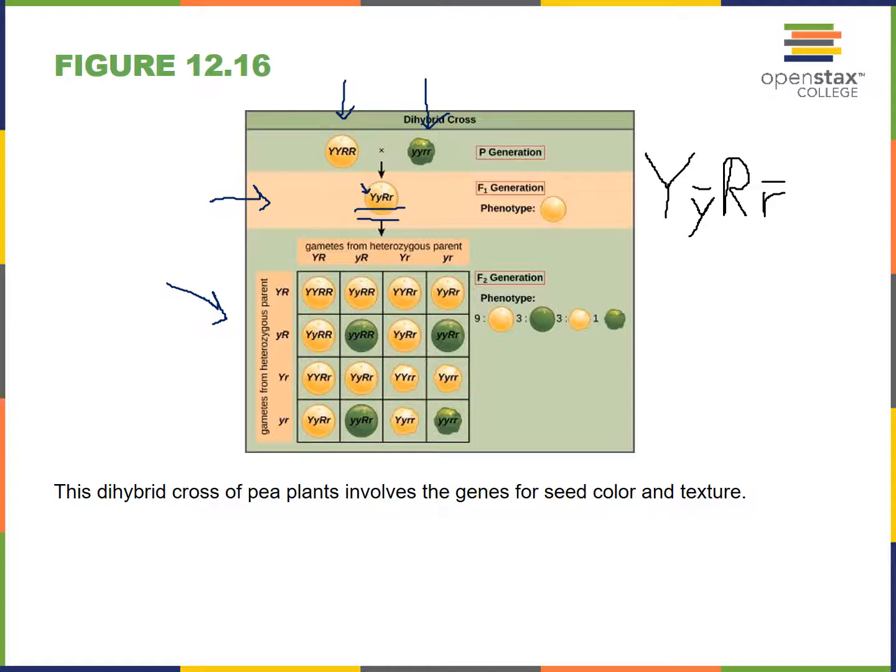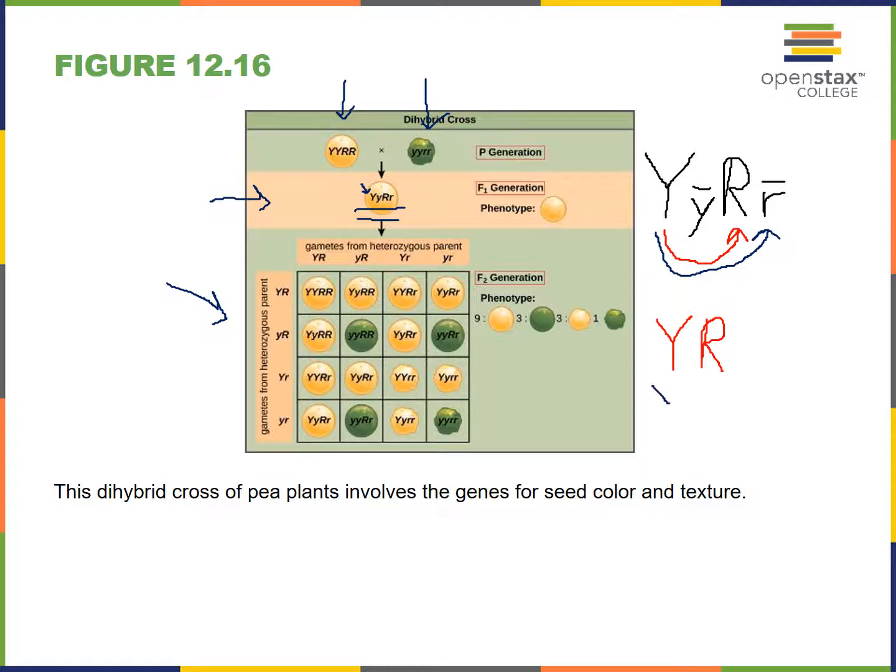So the way I do that is first I take the first copy of the first gene, and I mix it with the first copy of the second gene. So the red one is a big Y, a big R. Second, I take the first copy of the first gene, and mix it with the second copy of the second gene.